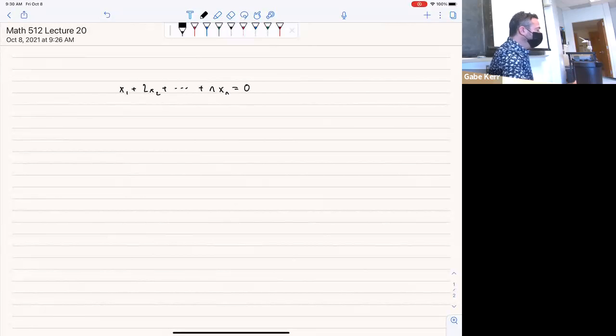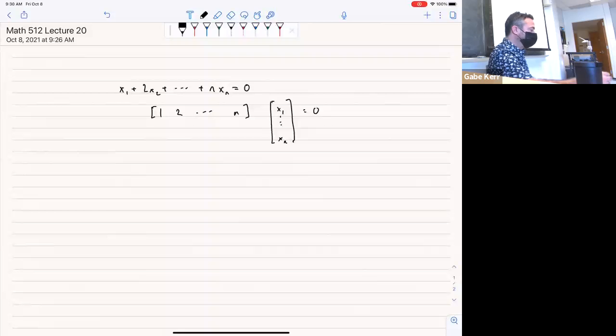So if you look at this, I just want to give people another perspective on this, which is you can just take a matrix 1, 2, and just a 1 by n matrix, right? And then this is just a matrix equation.